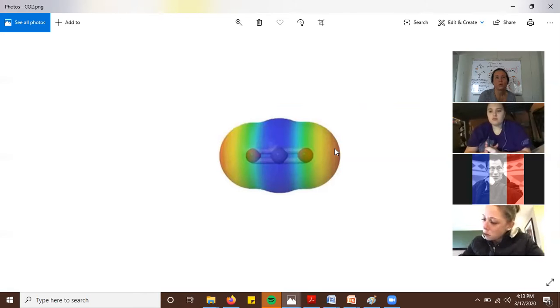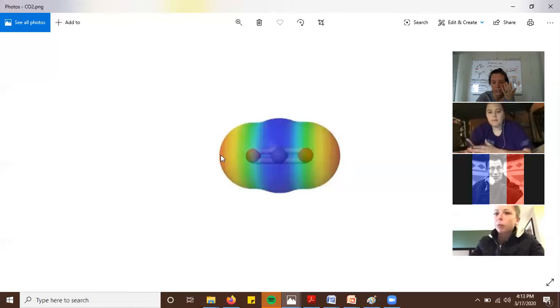Therefore it's a nonpolar molecule, because in order for a molecule to be polar, there has to be a partially positive end and a partially negative end, just like poles on a magnet, or negative and positive on a battery, or the poles of the earth. If this were the spherical earth, it would not have a north and a south pole if both were south.